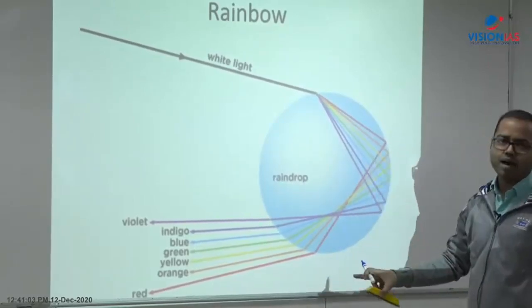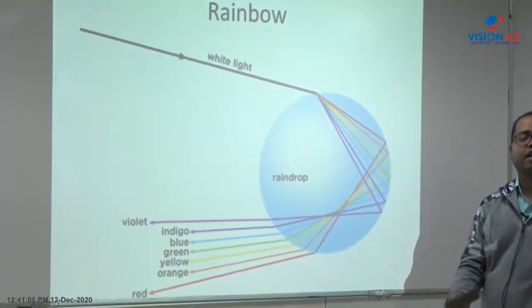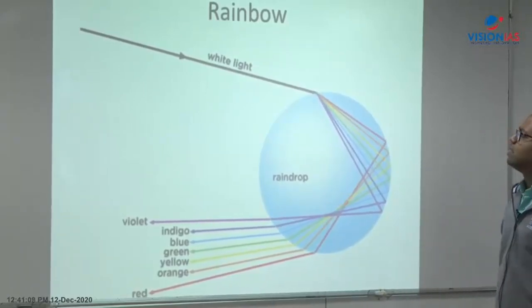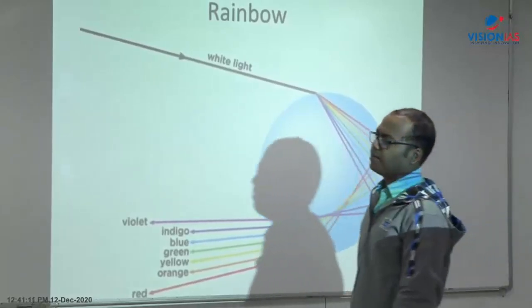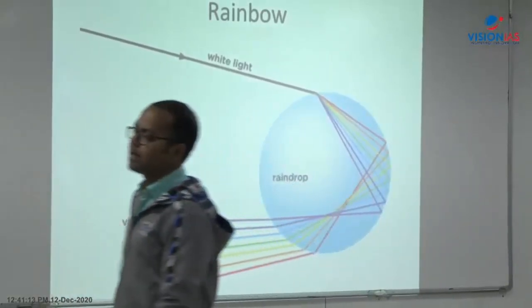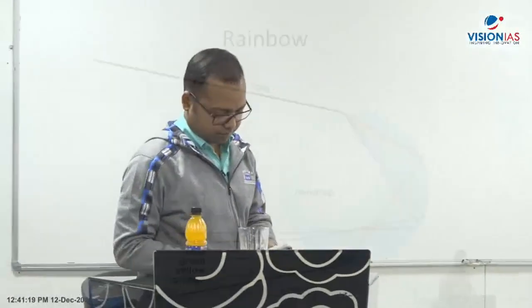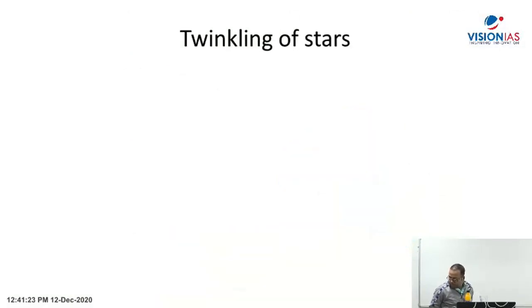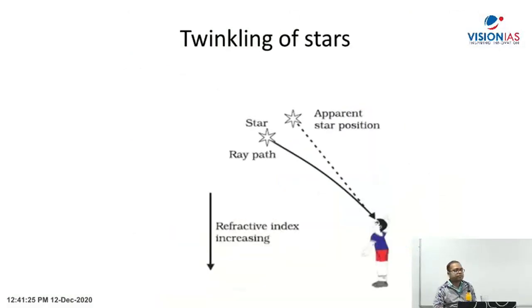Two TIRs happening will further be rarer. Are you getting this? So the next point you write: it is rarer than the primary rainbow.